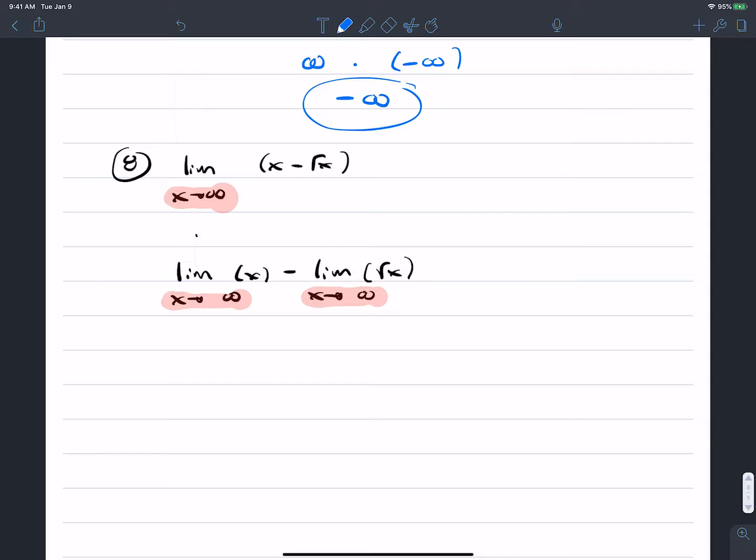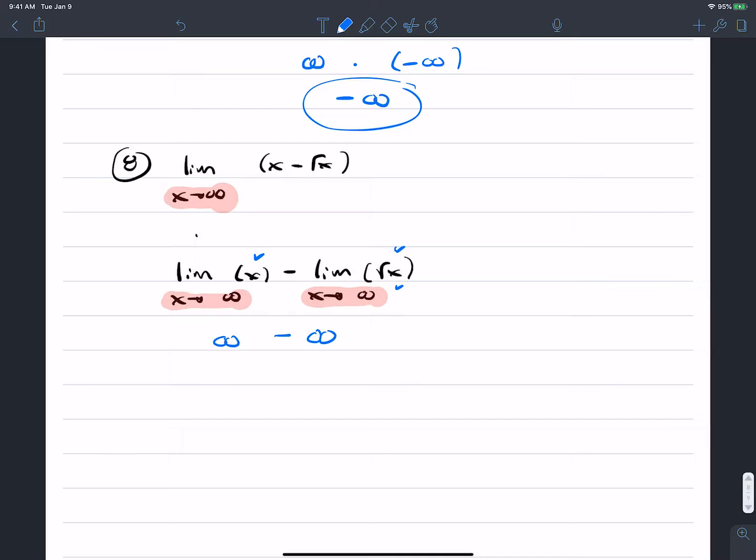So, all right. As x gets big, arbitrarily big, goes to infinity, this is the same x. So this is arbitrarily big. That's infinity. Minus now, what happens over here to the next function? This is the square root of x. So as x is getting big, what's happening to the square root of x? That's also getting big.